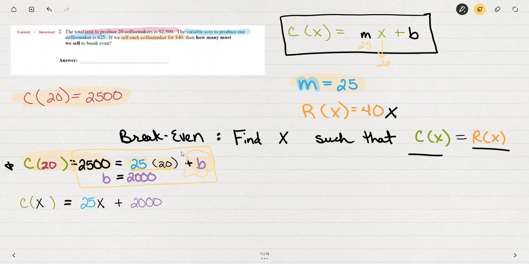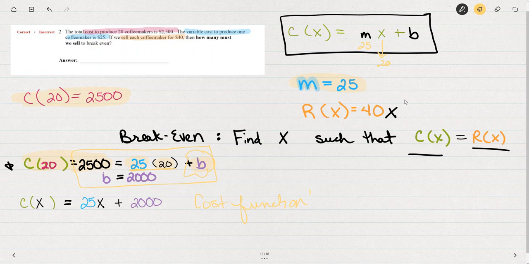When we solve that equation for B, we find that the fixed cost is $2,000. So the cost function is C of X equals 25X plus 2,000.